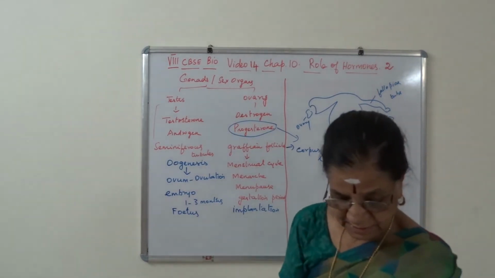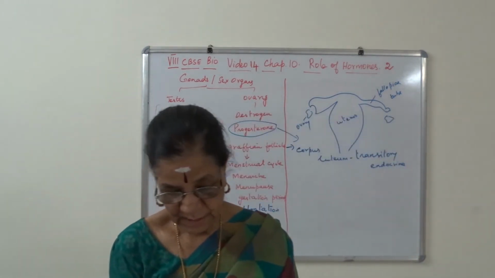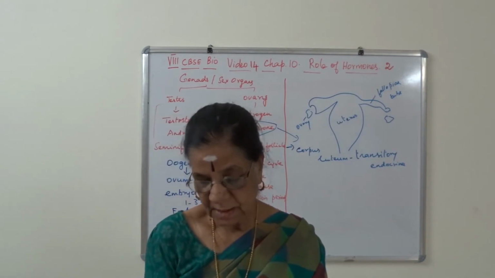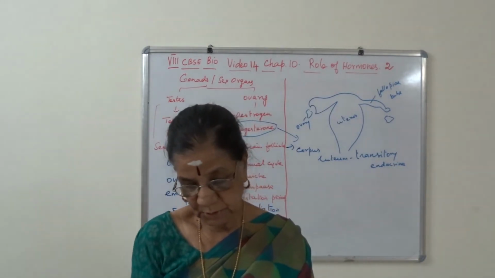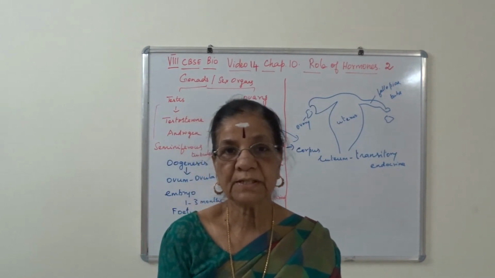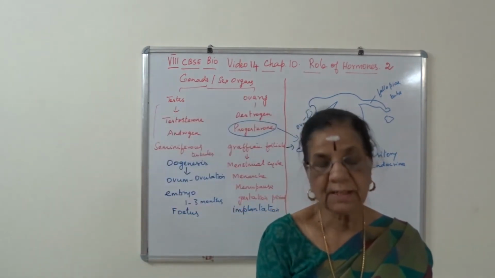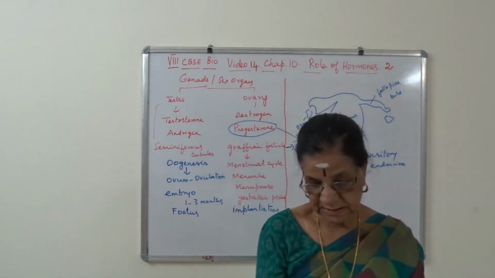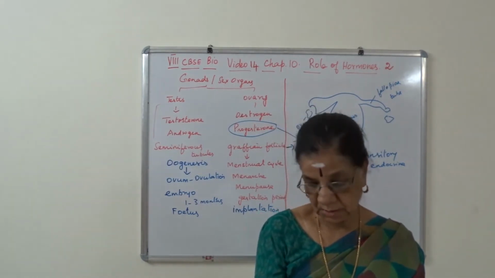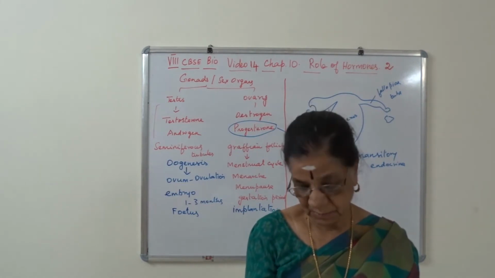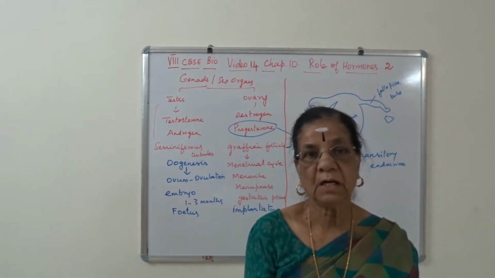Okay, so we say ovaries are the egg or ova producing female reproductive organs. They are also endocrine glands that secrete estrogen and progesterone hormones on stimulation by the pituitary hormone.